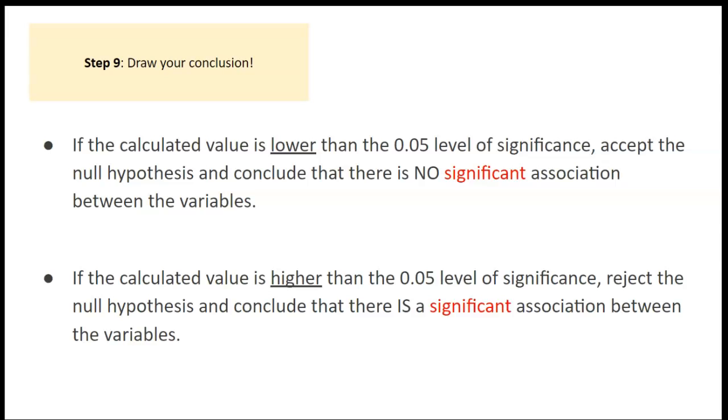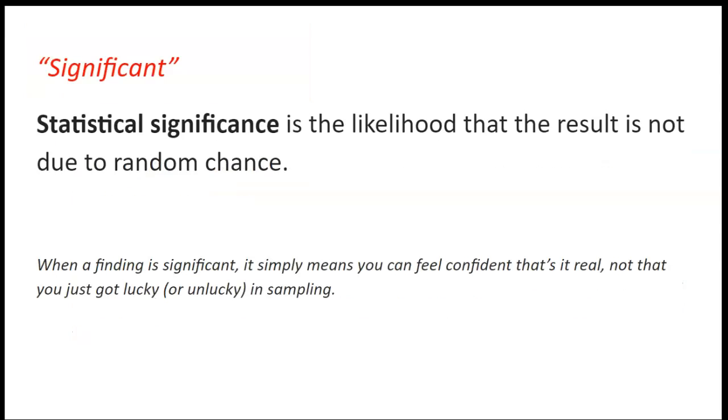The value that we got when we did the chi-squared analysis was 0.09. So if 0.09 is lower than 3.84, our critical value, then we accept the null hypothesis. If it's higher than our critical value, which was 3.84, then we reject the null hypothesis and we conclude that there is a significant association.